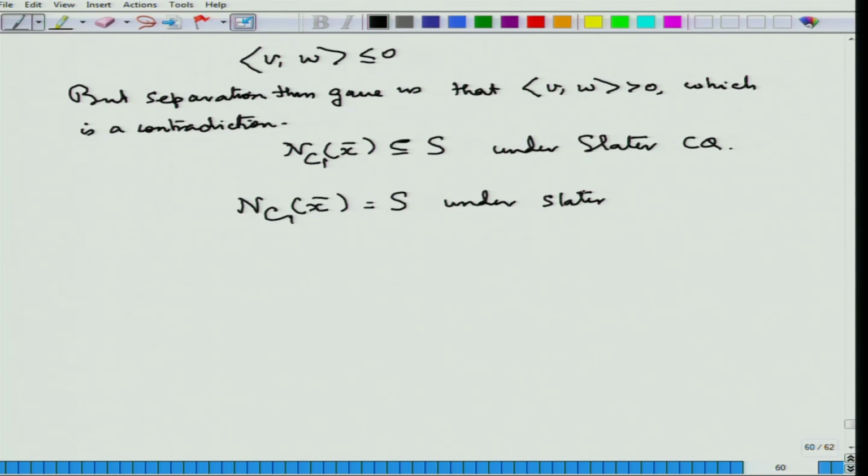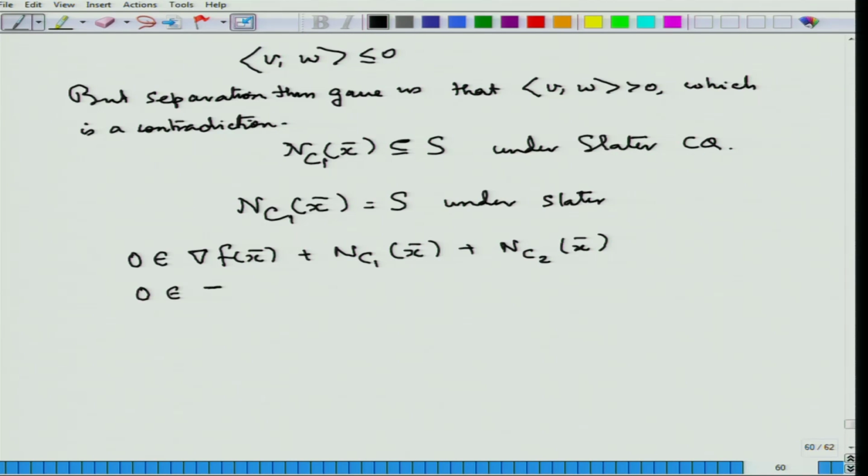So, the optimality condition can now be written as follows. We have already proved that this is the image of A transpose, where C2 is nothing but Ax equal to b, the set of all x such that Ax equals b.